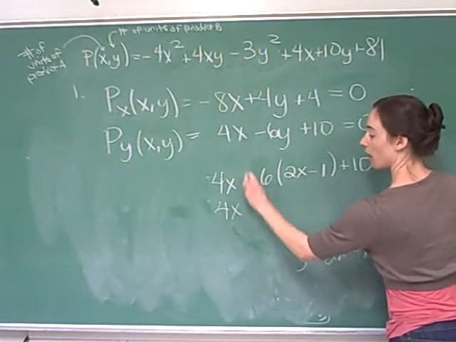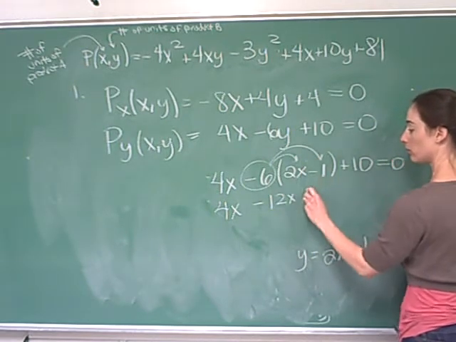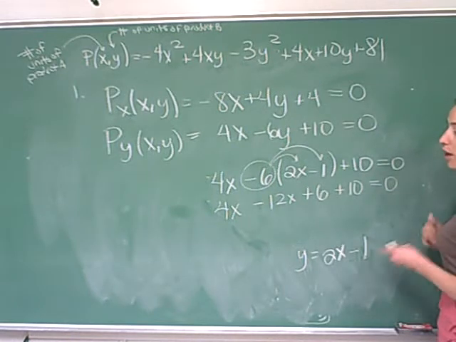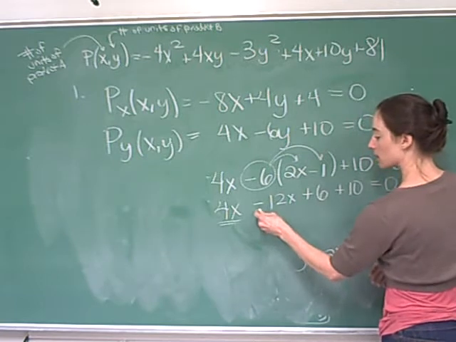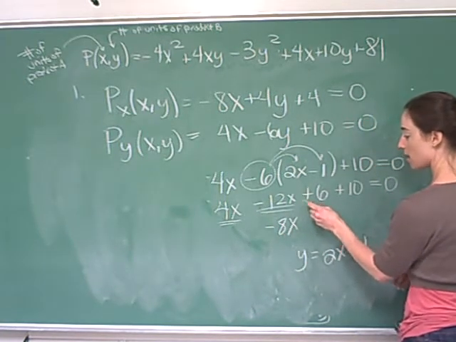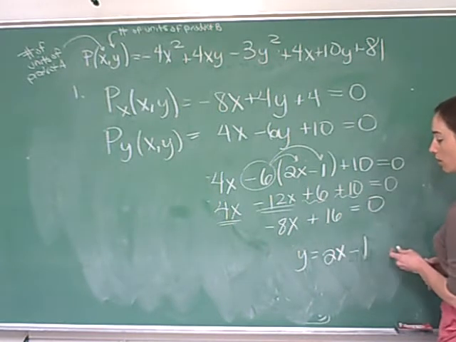So that'll be 4x minus 12x plus 6 plus 10 equals 0. Now I'll just combine my terms to clean this up. 4x minus 12x, that'll be a negative 8x. And then 6 plus 10 is 16, equals 0.